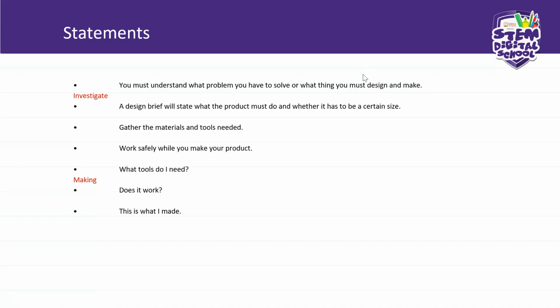Where you find out more about the problem. That is investigation. Then the next one: a design brief will state what the product must do and whether it has to be a certain size. Which stage is that?